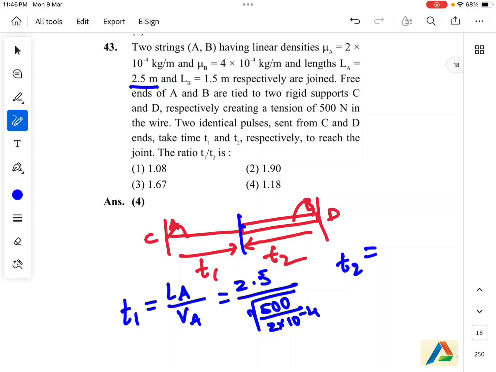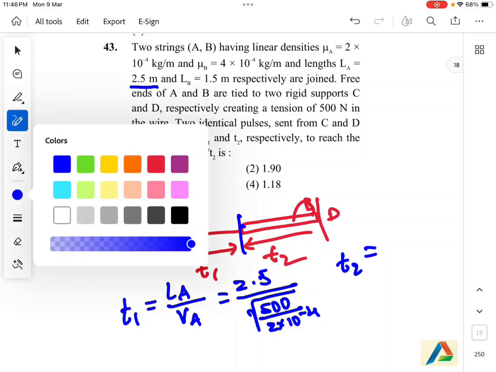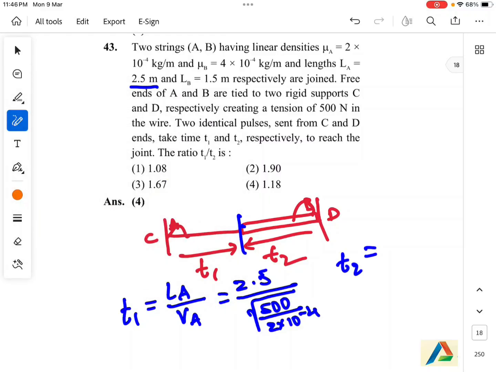T2 is LB divided by VB. What is the value of T2? 1.5 divided by root of 500, that is tension T by mu, where mu is 4 into 10 power minus 4.